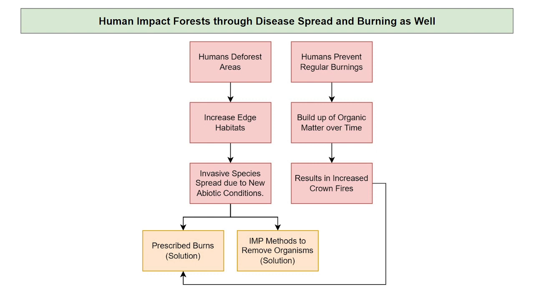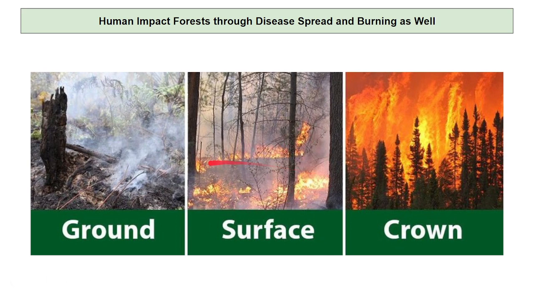So let's talk a little bit more about how we can prevent disease spread and how we can prevent forest fires. If humans prevent regular burnings, we get a buildup of organic matter resulting in more crown fires. So if we go up here, typically what we want when we talk about forest fires is ground and surface. But humans not only start fires, they can prevent a lot of fires as well.